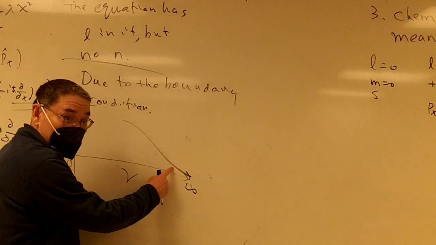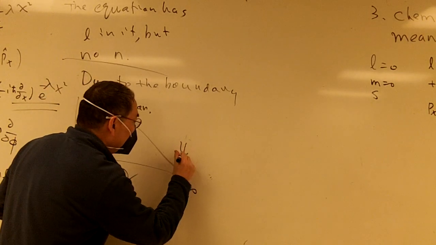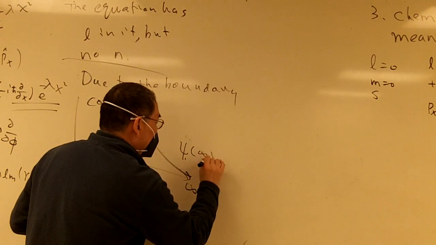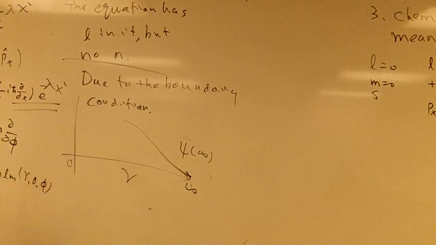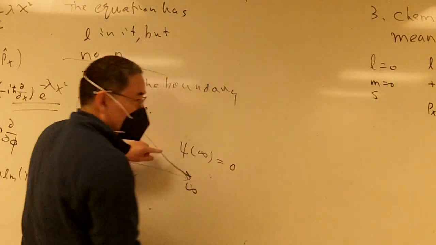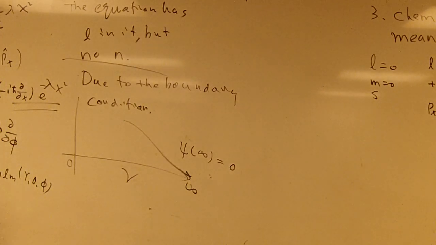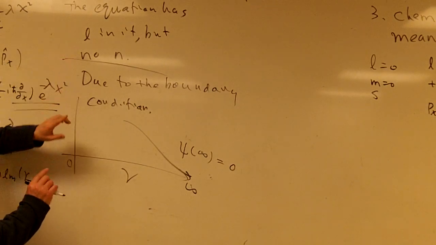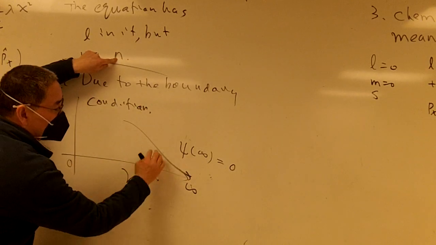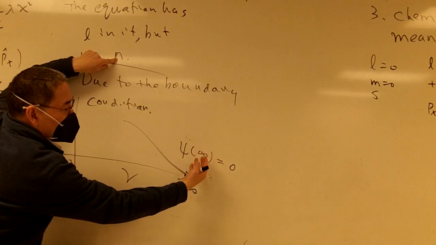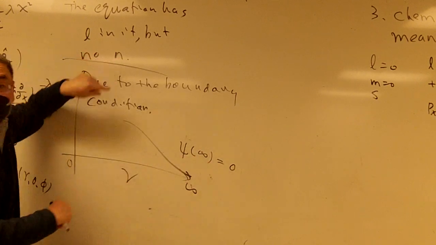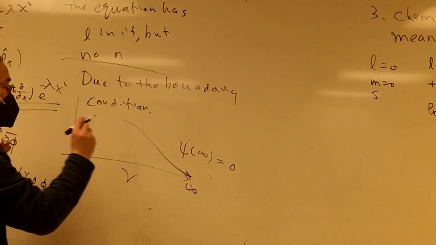We require this wave function, when r is at infinity, at the boundary to equal 0. So in other words, the reason why we get this n out is due to the boundary condition. The boundary condition is that when r goes to infinity, psi goes to 0. And this is a constraint.